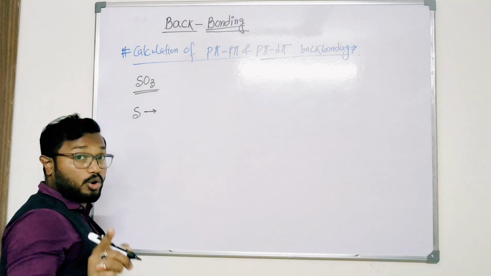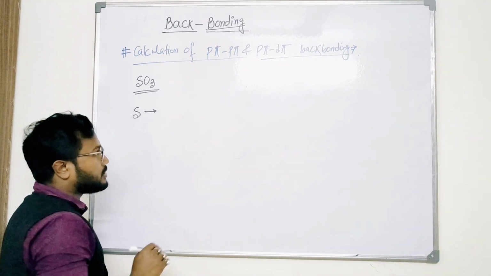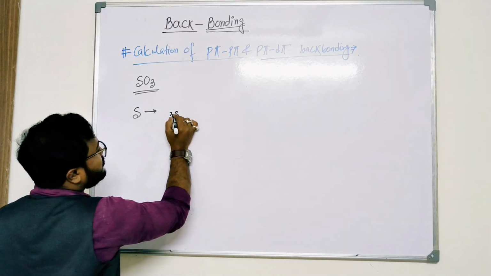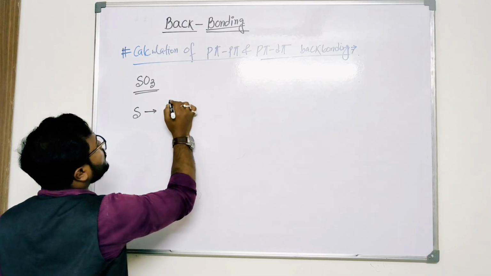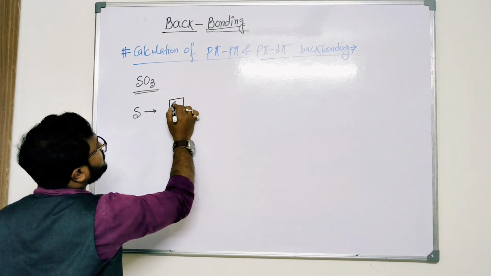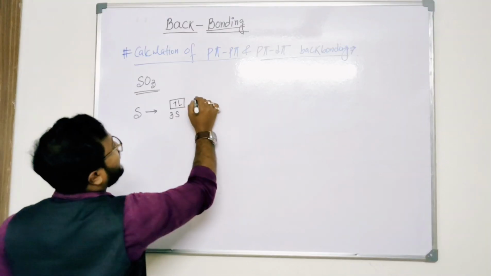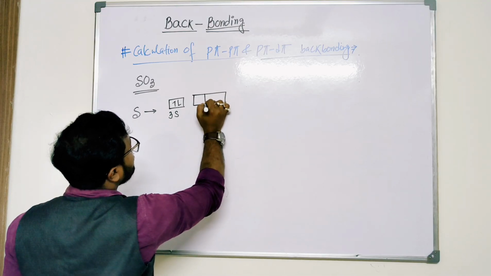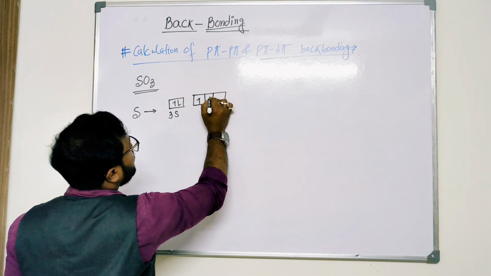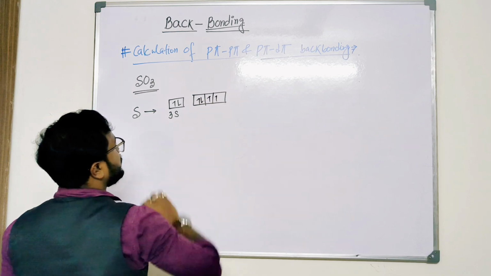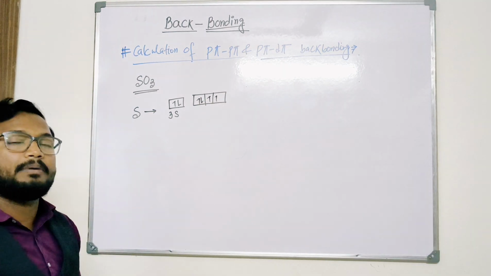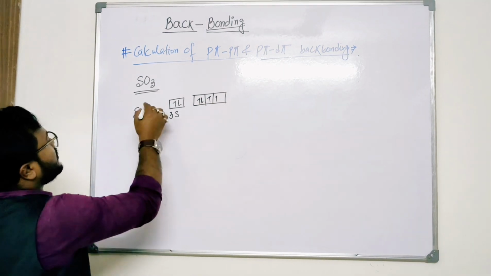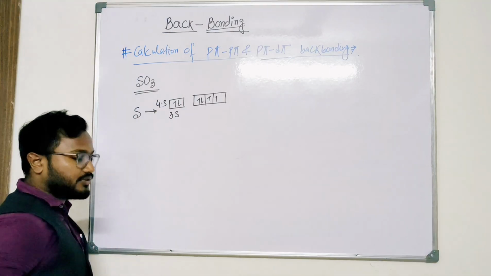We are taking only the valence orbitals. So I am taking 3s2 and 3p4, 1, 2, 3 and 4. This is the ground state for sulfur.